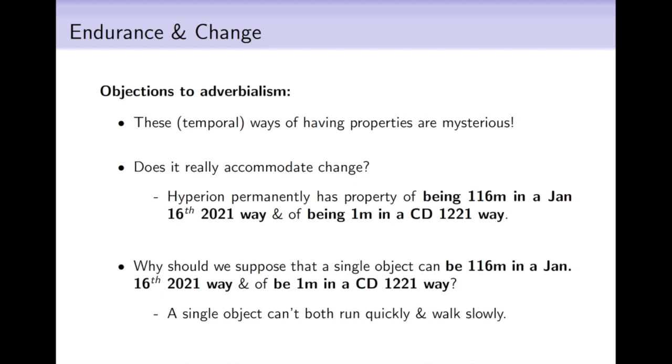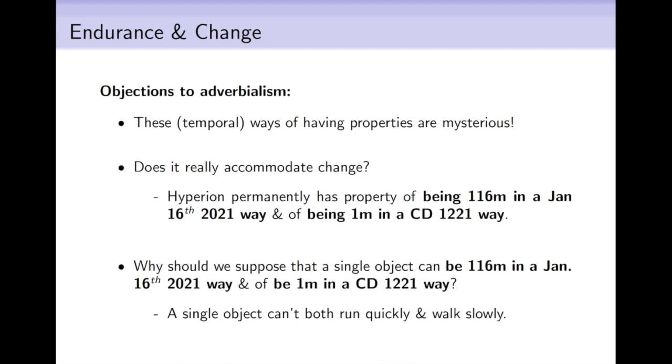It's not like it goes from being a meter tall in a Christmas Day 1221 way to being a meter tall in a different way, for instance, a January 16, 2021 way. No, it's not a meter tall in that way. So again, you might think, well, is this really a genuine account of change?